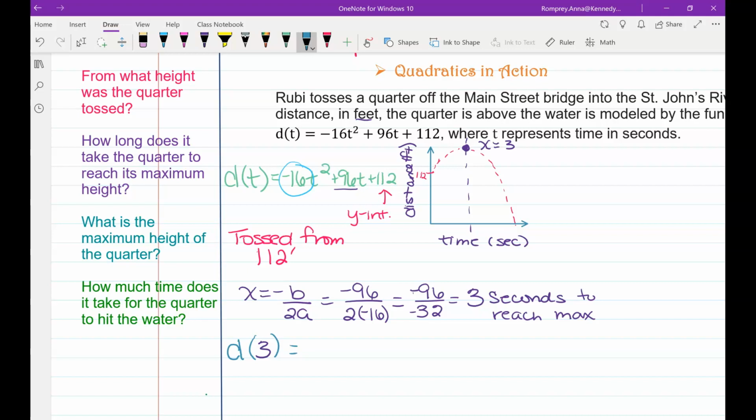So d of 3. Yes, you may use a calculator if it is necessary. So negative 16 times 3 squared plus 96 times 3 plus 112. All right, so always, always, always make sure we are following order of operations.